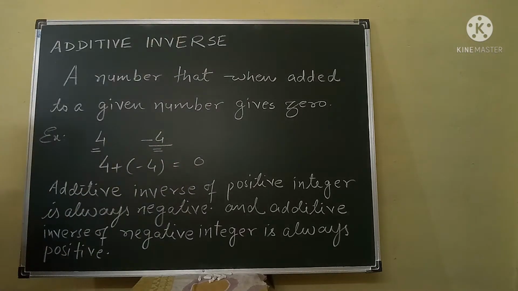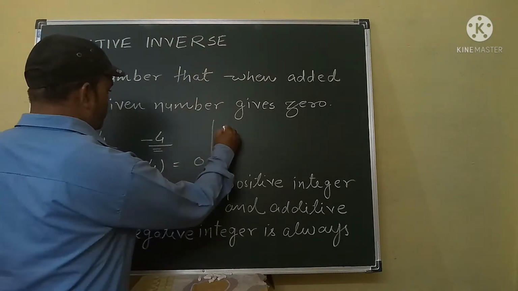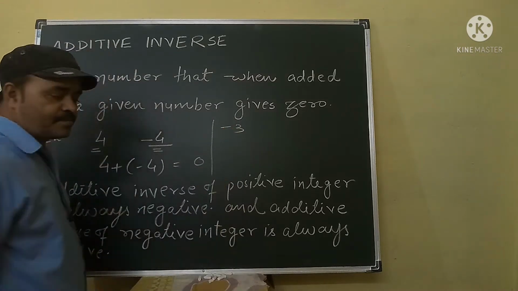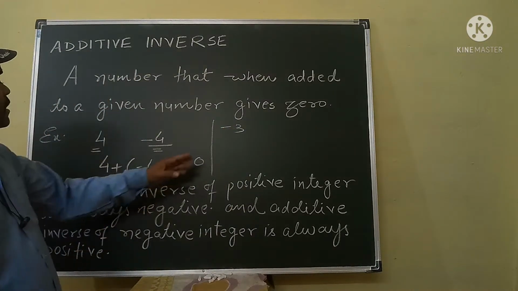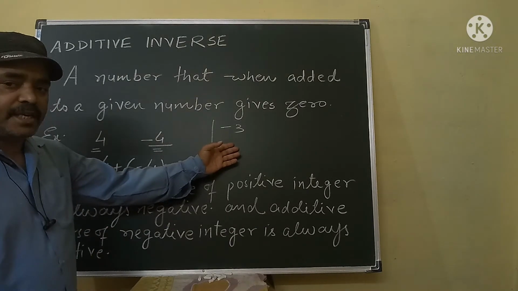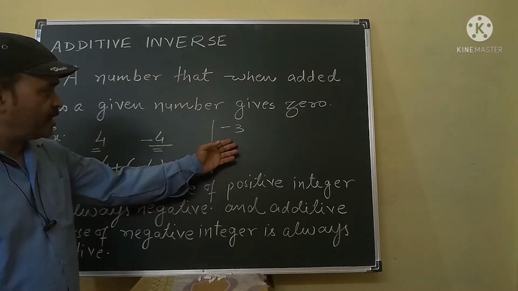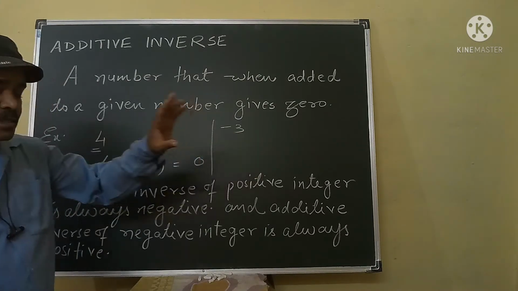Now another example. Suppose this is minus 3. Which number will you add to minus 3 to get 0?